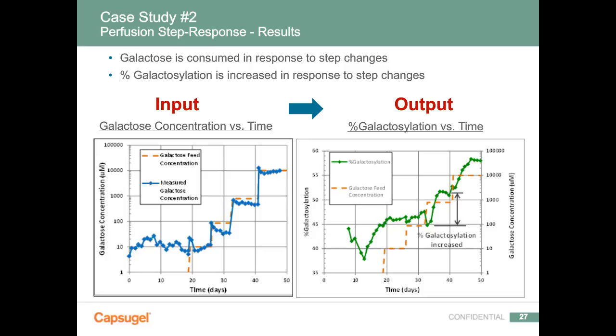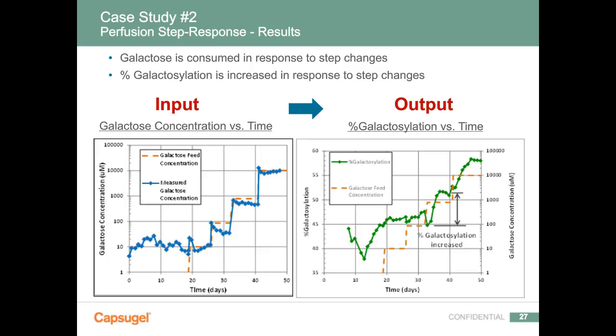But then as we started to make the step changes, the orange dotted line is the feed concentration, and this is the measured concentration. And then for the output, looking at the galactosylation, until the galactose reached about 100 micromolar, there wasn't much of a response. After that, the galactosylation started to match with the galactose.